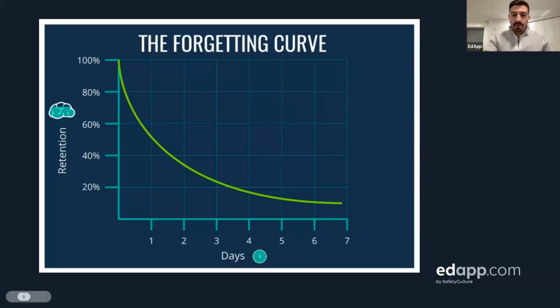One thing I wanted to talk about is the forgetting curve. So why did we do this, right? A lot of our customers at AdApp invest a lot of time, energy, and money into training. So we want to make sure that the learners are retaining the knowledge that you're teaching them in the initial run-throughs of the courseware.